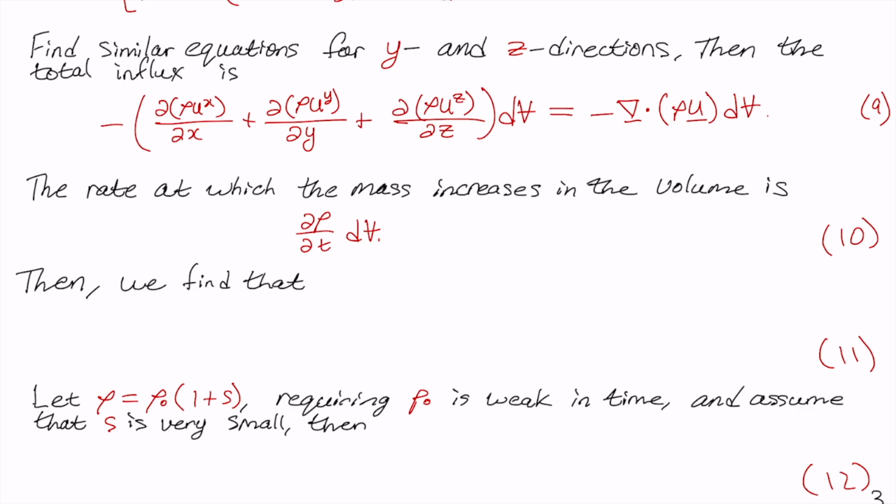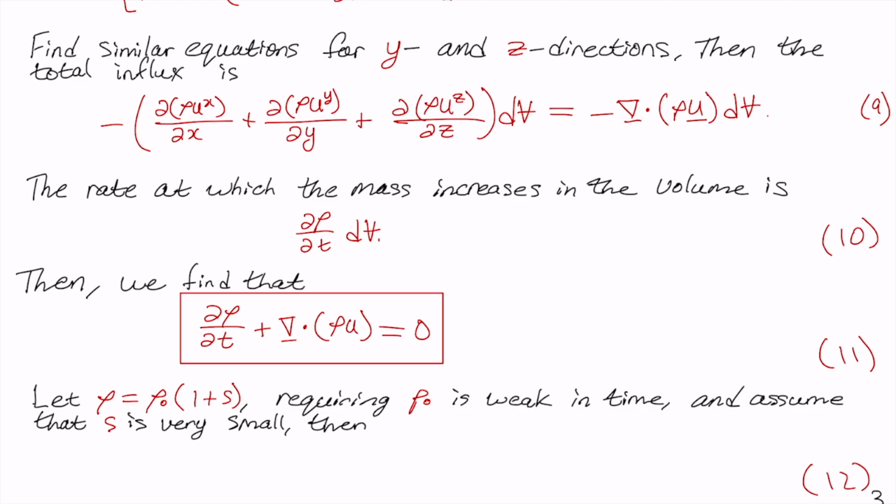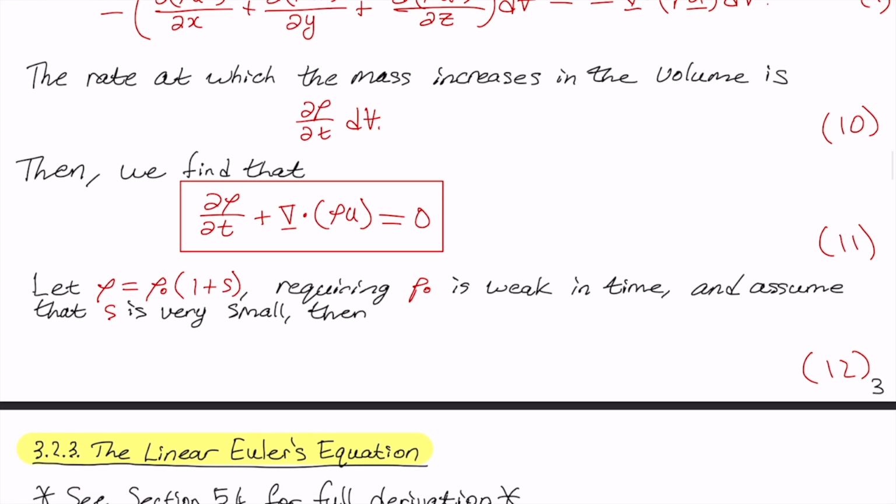Combining these results, what we can find is that partial rho over partial t plus del dot rho u is equal to 0. And this is our continuity equation. We're going to box this equation. Again, this is what we call the continuity equation.